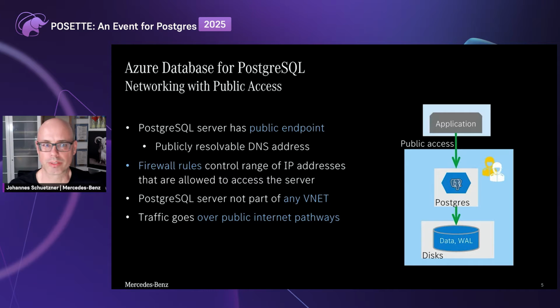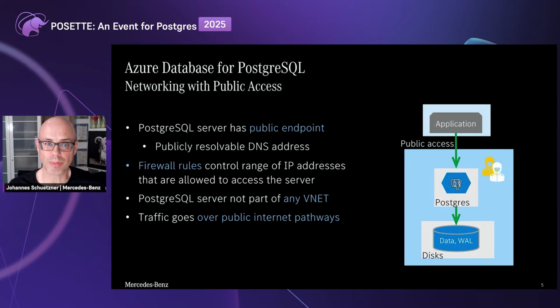With that, as the name suggests, there's a public endpoint, so it is publicly resolvable via DNS. But still, it doesn't mean that everybody can connect to the database. Usually you set up some firewall rules that control the range of IP addresses that are allowed to access the server.